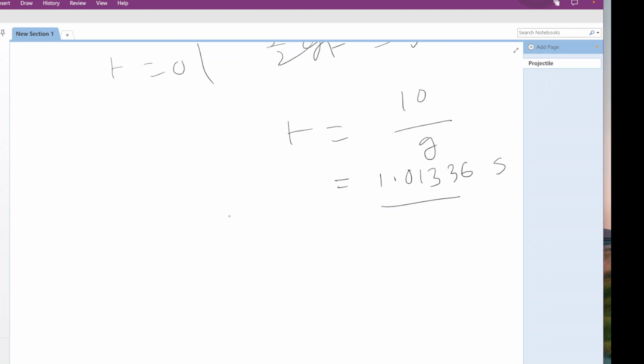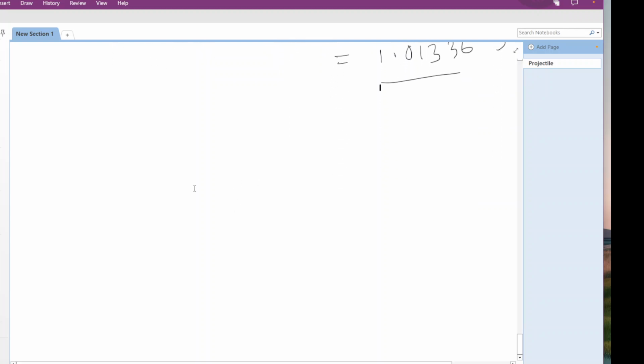And now I am pointing out some particular points regarding projectiles. This is very crucial to know.